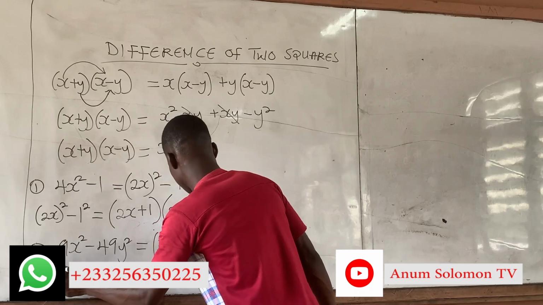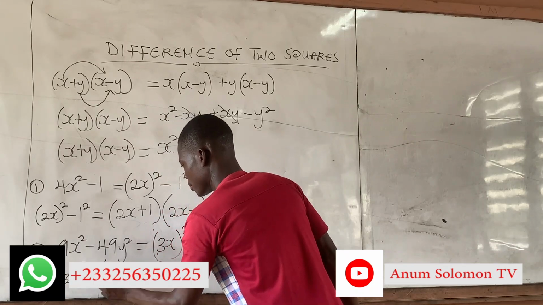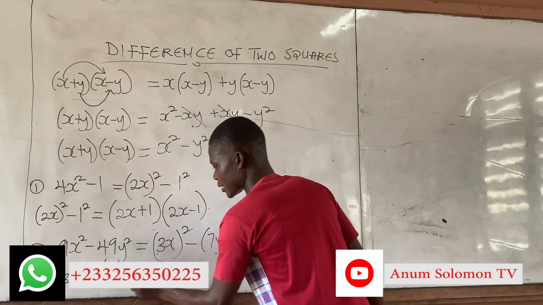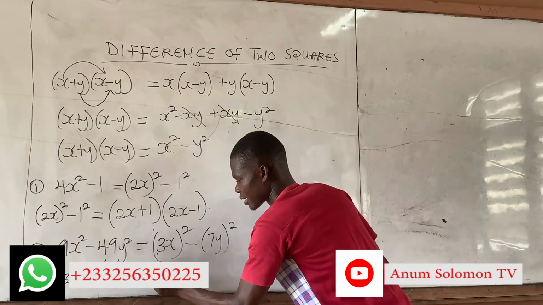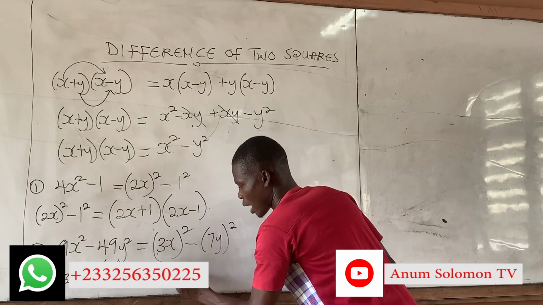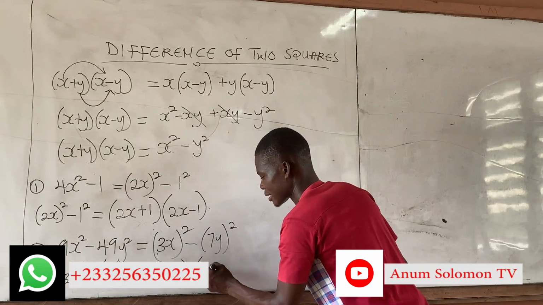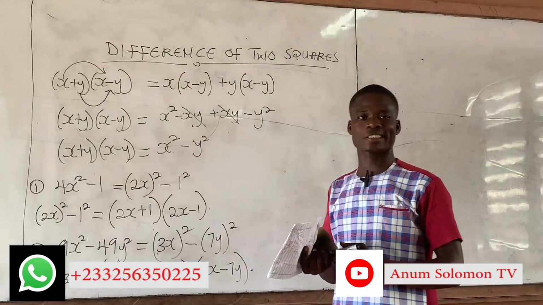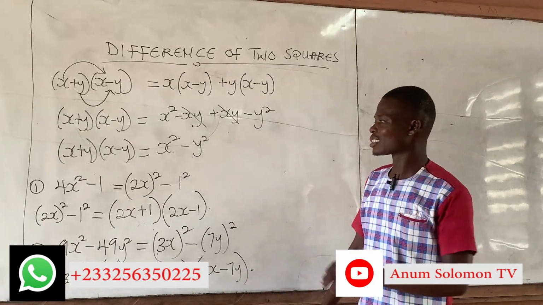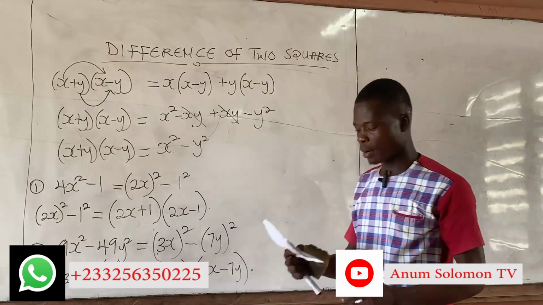Which implies that (3x) squared minus (7y) squared is equal to the sum of the bases, 3x plus 7y, times the difference, 3x minus 7y. So this is how to use the difference of two squares identity to solve a given problem.